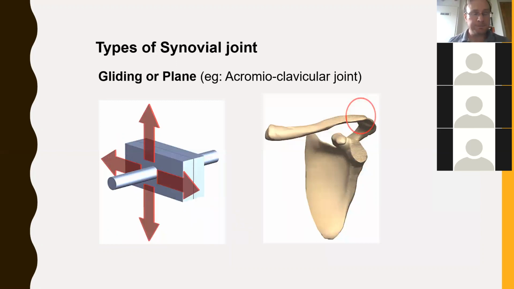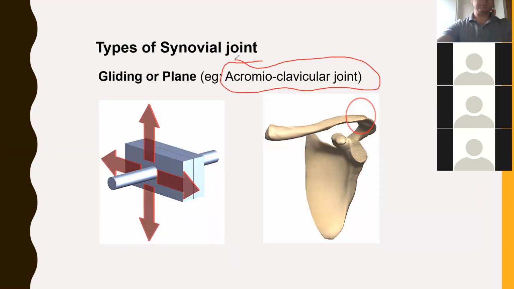So here we've got what's called a gliding or plane joint. There's a couple of examples of these actually. This one is at what's called the acromioclavicular joint. You see on there. Now, in our shoulder, we have our ball and socket joint. Okay, that's our big mover.